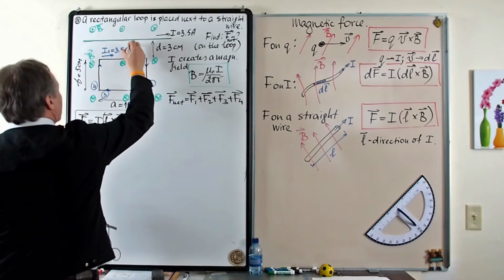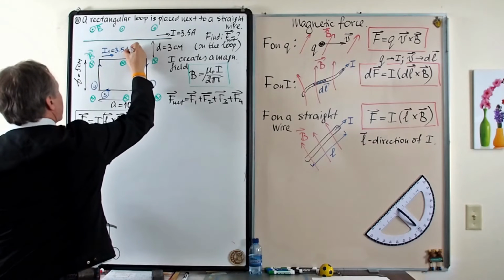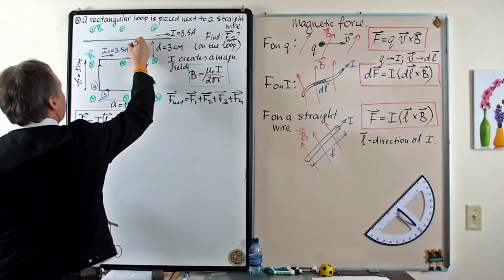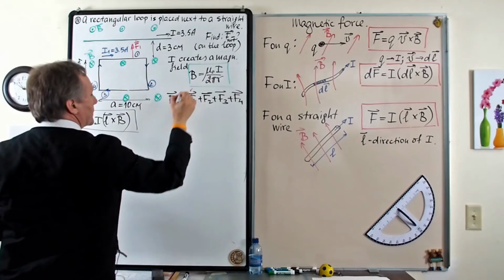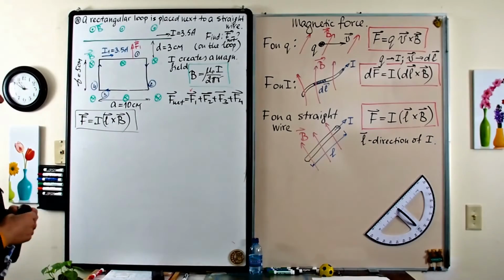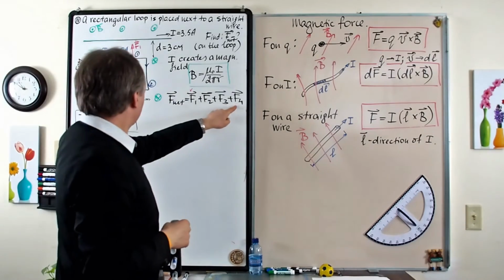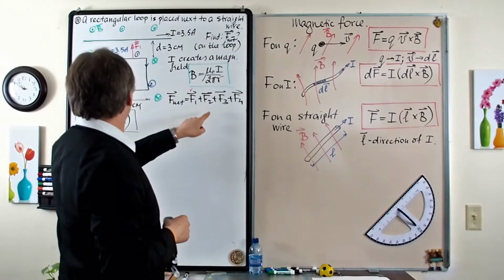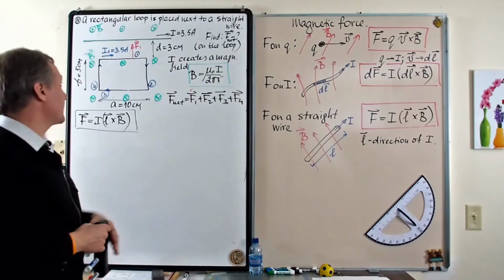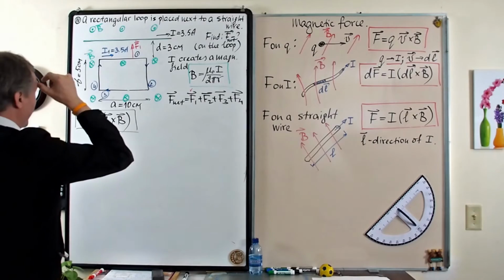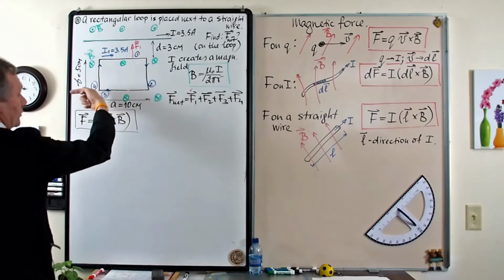So I can draw it here. This will be the direction of the force F1. Now let's look at the direction of the force F3, this one, lower part. So now current flows this way.